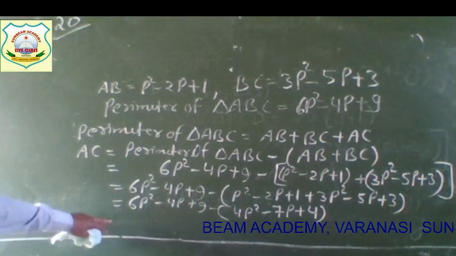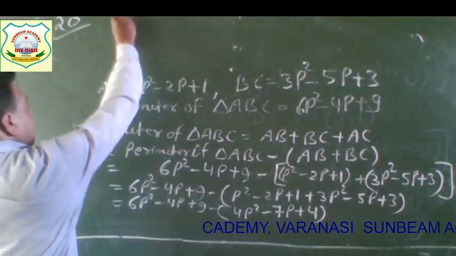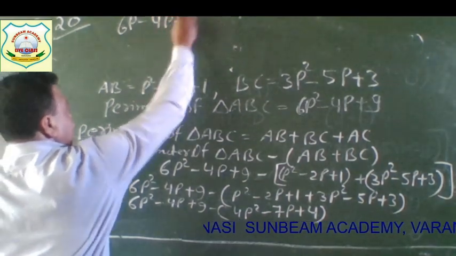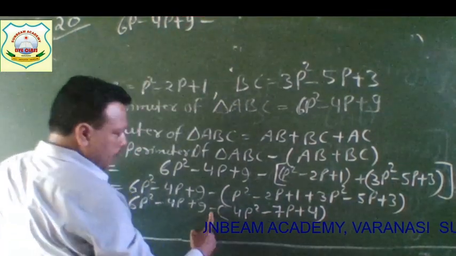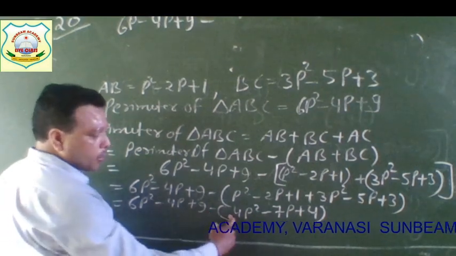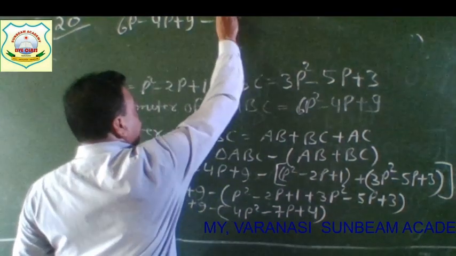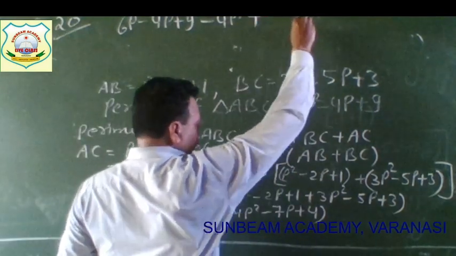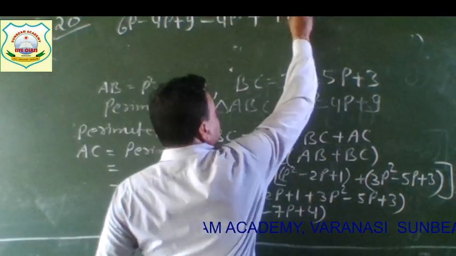After this we open the bracket: 6p square minus 4p plus 9 minus, and since a minus is given before the bracket, all the signs will change: minus 4p square plus 7p minus 4.